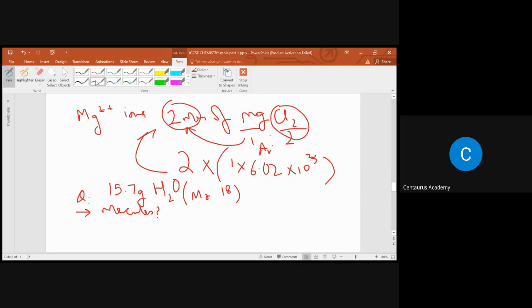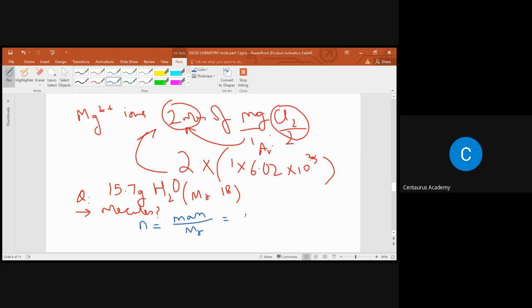You simply take the mass. You will first find out the number of moles, right? Because to find the number of molecules, we need the number of moles. We have to interlink different formulas. The number of moles is the mass given to us divided by the molar mass, which you can either find out if it is not given to you. 15.7 will be divided by 18 to find the number of moles.